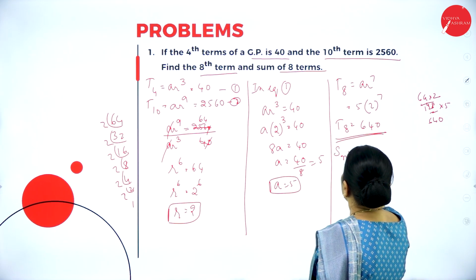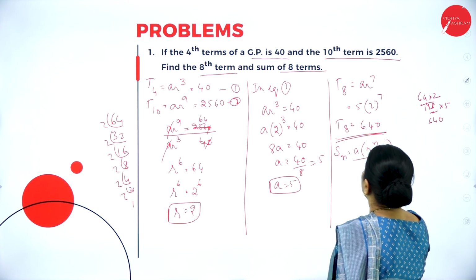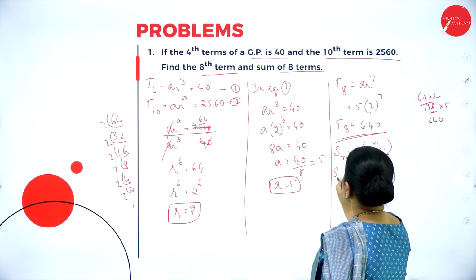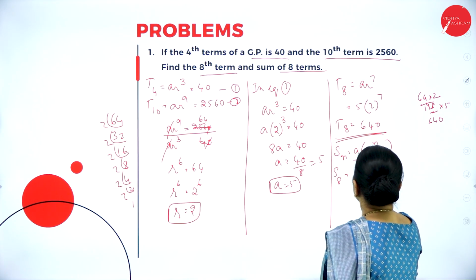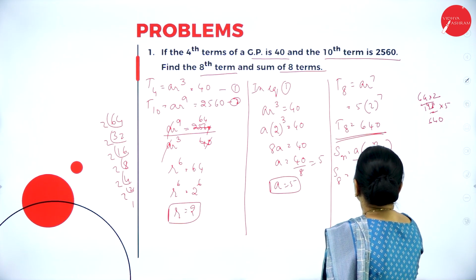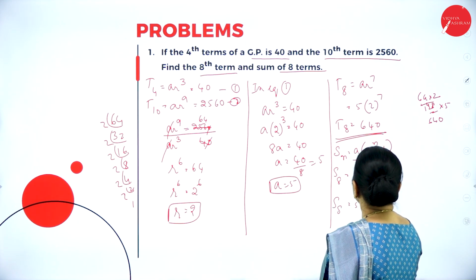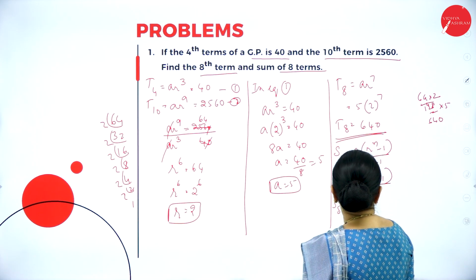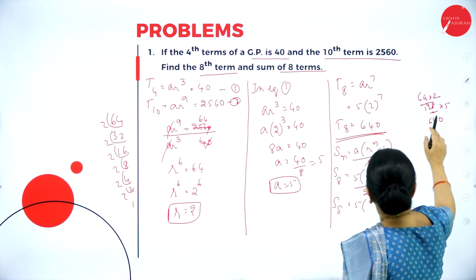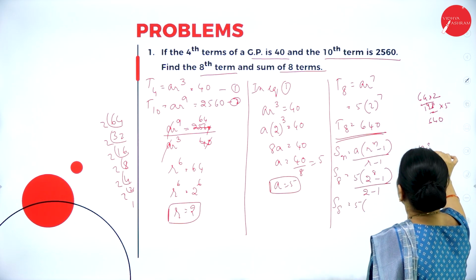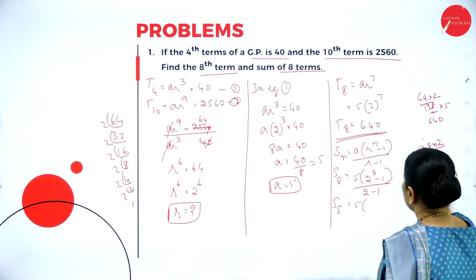Now find the sum of 8 terms. Sn equals A into R to the power of n minus 1 divided by R minus 1. So S8 will be, A is 5, into 2 to the power of 8 minus 1 divided by 2 minus 1. 2 to the power of 6 is 64, 2 to the power of 7 is 128, 2 to the power of 8 is 256.